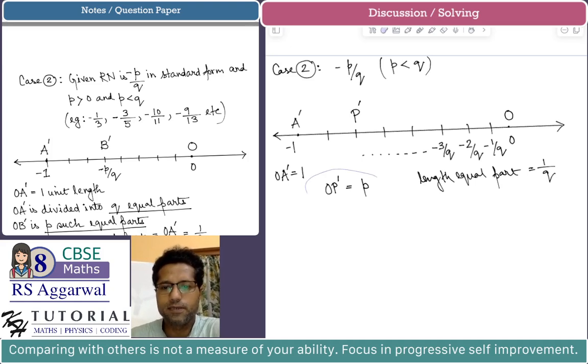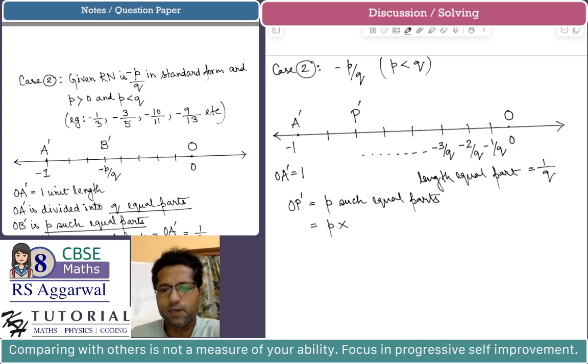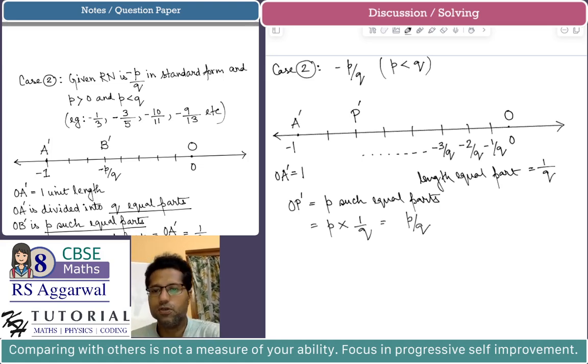The length of OP dash will be P such equal parts, which is equal to P into the length of a single equal part, which is 1 by Q. So the distance OP dash will be P by Q, and since P dash is on the left hand side of the origin O, the point P dash will mark the rational number minus P by Q.